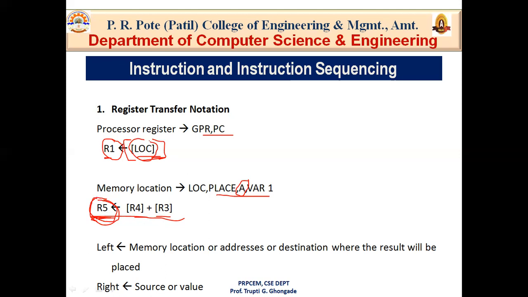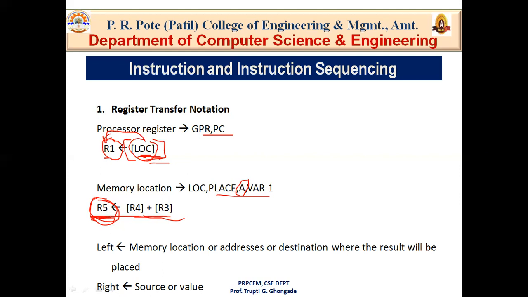So we fetch it and store it into the destination. For example, we will store the contents of LOC into R1, that is your destination. The rightmost side is a value or address, which is called the source, and the leftmost side is the destination.